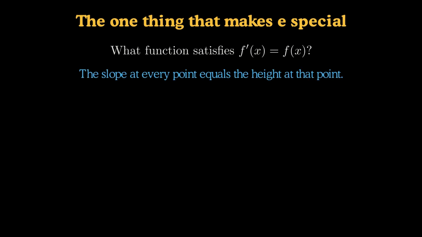Here's a different angle on the same idea, and this one I find genuinely strange. Is there a function whose slope at every point equals its own height? Think about what that means. At x equals 0, the height is some value, and the slope, the rate of change, is exactly that same value at every single point.